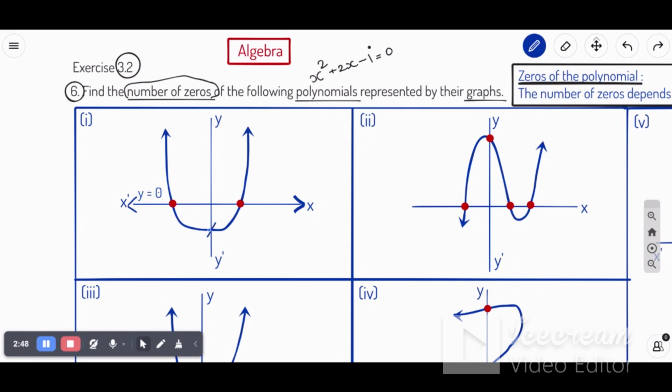They are intersecting the y-axis also, but this is not into consideration. So let us count, that will be 1 and 2. The number of zeros of this will be 2. Hope you understood this. Just count where it is intersecting only at the x-axis. That is very important. So the answer for this is 2.